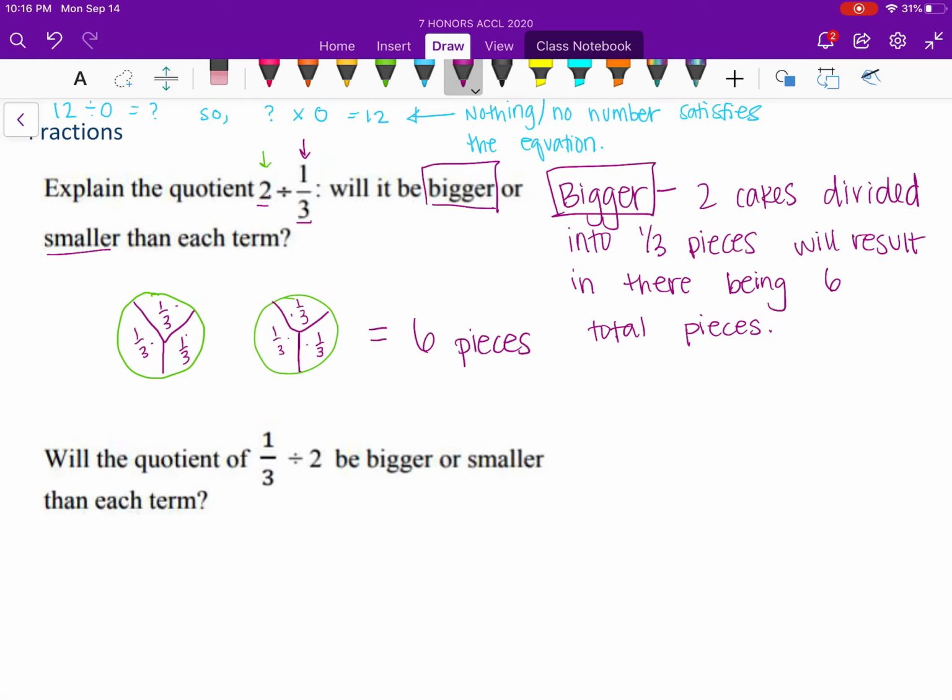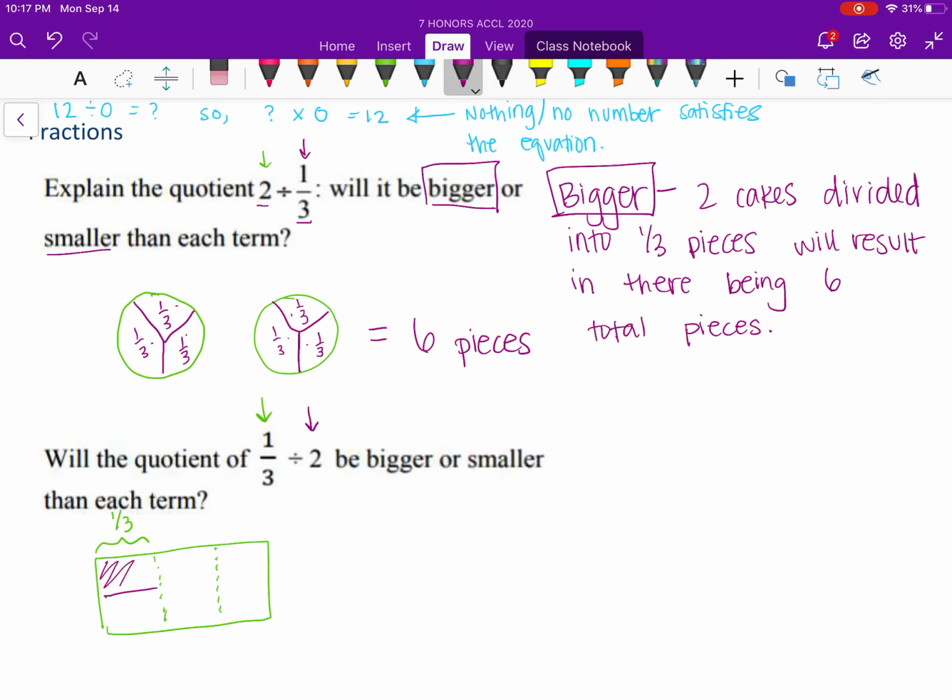Okay, well, what about when we have a fraction first? What happens when we start off with the fraction? Let's go ahead and draw, I don't know, I'm going to draw a candy bar. Why not? So this is a full candy bar, but really I just want to focus on a third of a candy bar. And I want to divide this third of a candy bar into 2 equal sized pieces.